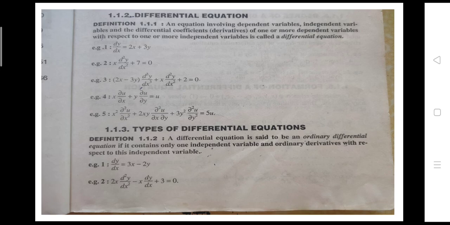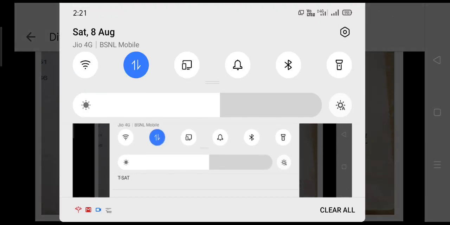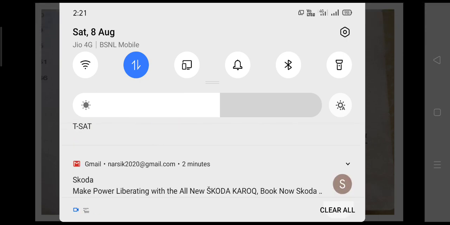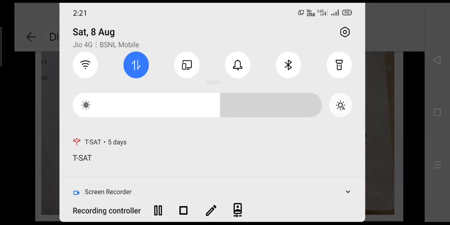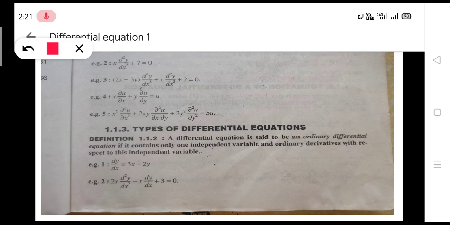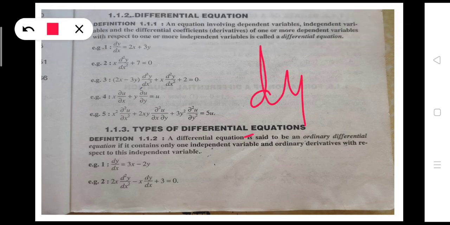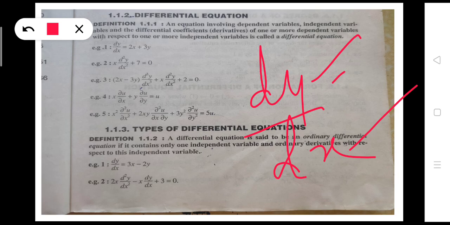For example, here dy by dx is there. What is dy by dx? The derivative of y with respect to x only. That means y depends on x only, so y is the dependent variable and x is the independent variable.